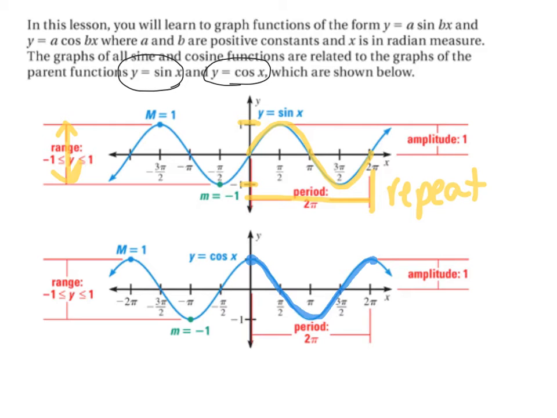If you look, everything else is the same. Okay, we'll get into what these values are in a second. These are all the same. The only difference is the cosine value starts at y equals 1 and the sine starts at y equals 0. Cool? Alright, let's get rid of this.